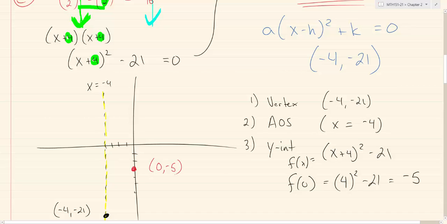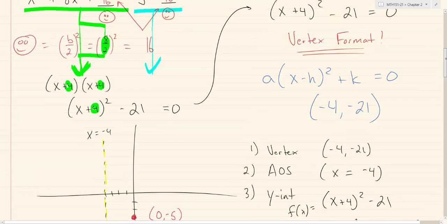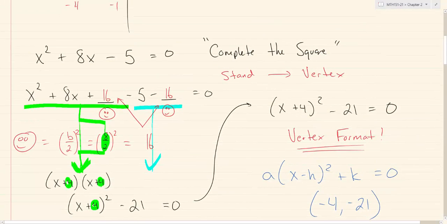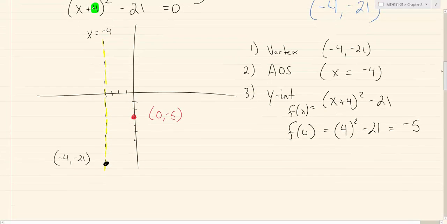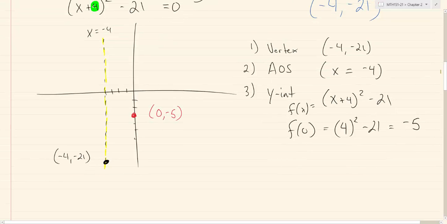And if you want, you could cross-reference that with the standard format that we had. If you look back at the original equation, I bet c is equal to negative 5. Yeah, right there. There's our y-intercept. So we could have picked it off from there, or we could have actually calculated the y-intercept. So our y-intercept is negative 5.